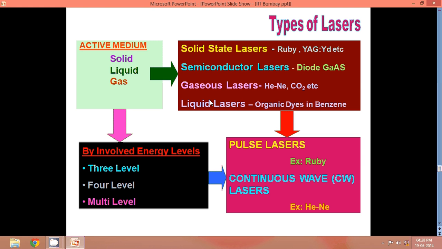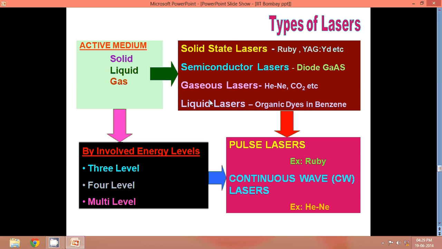Now, types of lasers. The lasers are divided based on the active medium, the state of the active medium, the number of energy levels involved, and the output given by them. If the active medium is solid, it is called a solid state laser. If it is a semiconductor, it is called a semiconductor laser. If the active medium is a gas, it is called a gaseous laser. If it is a liquid, it is called a liquid laser or dye laser.